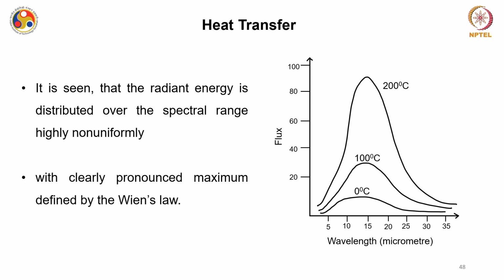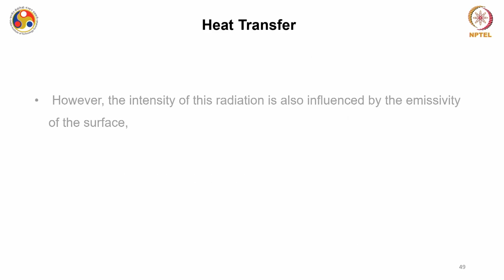There are clearly pronounced maxima which are defined by Wien's law, and that is how temperature is also defined. It is an average of the kinetic energy, and it suggests at what particular temperature the maximum number of particles is vibrating.